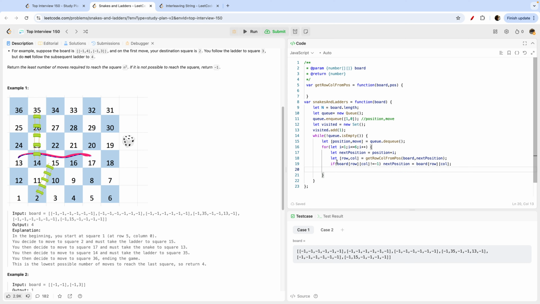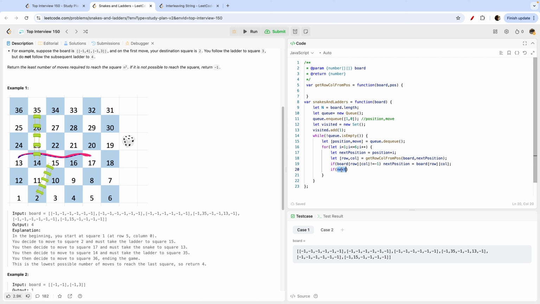Okay, so if we are at position 2, then we can jump to position 15. So this will give us the result. Now we need to get whether it is visited.